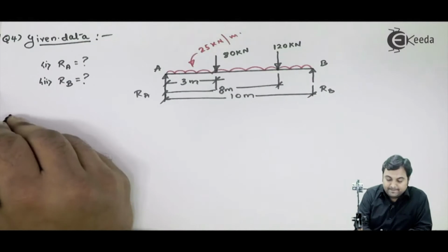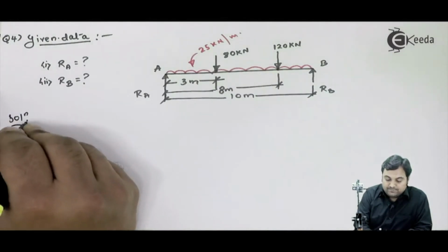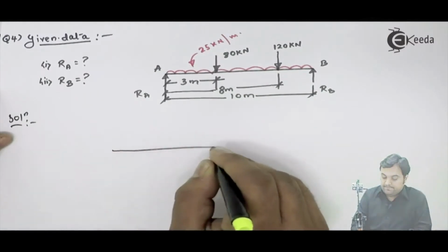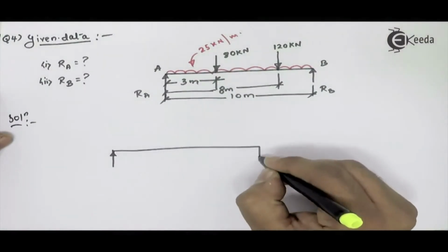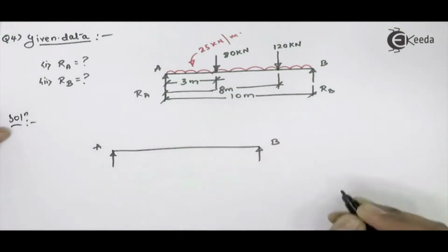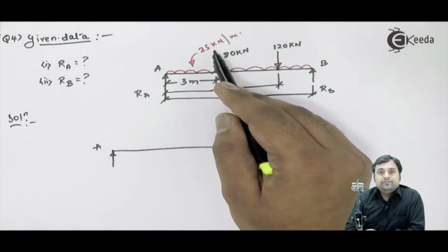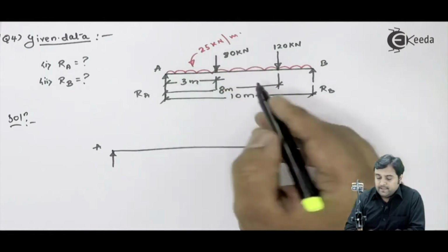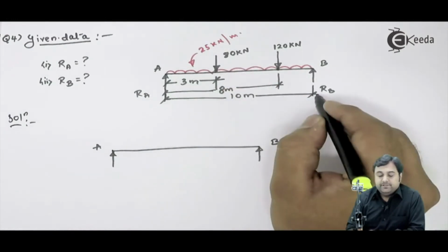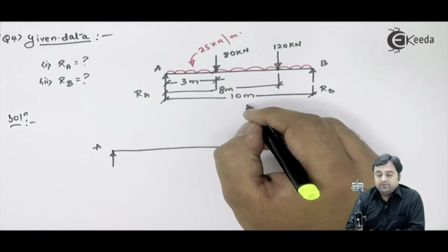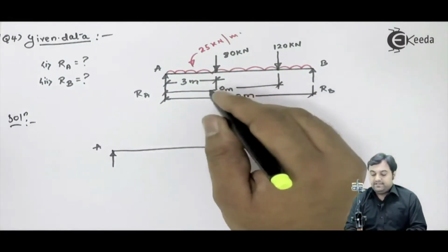So I'll say that in the solution part, again I will be drawing a beam. UDL is having intensity of 25 kilonewton per meter acting over a length of 10 meter. So its value is 25 into 10, which comes out to be 250 kilonewton acting at half.